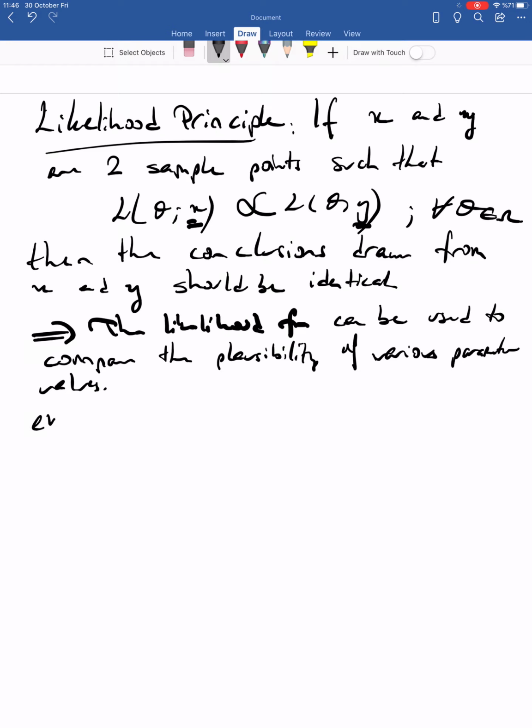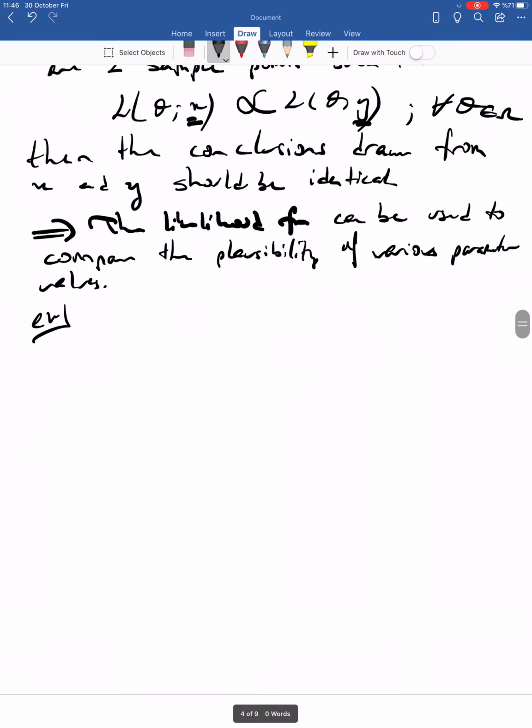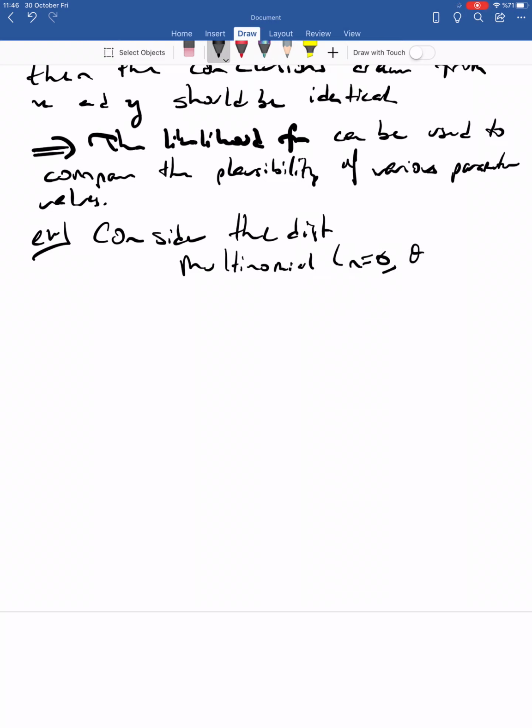Okay, so let's consider an example to understand this likelihood principle more easily. Consider the distribution, which is multinomial, where n is 6, and we have theta, theta, and 1 minus 2 theta as parameters.